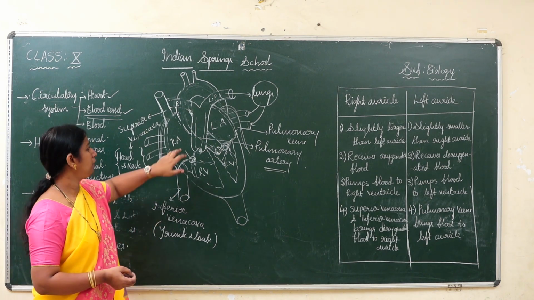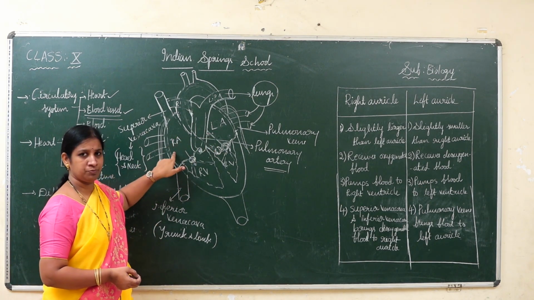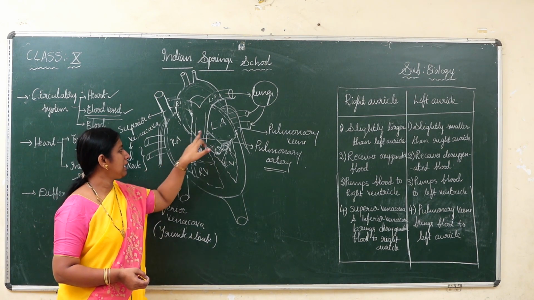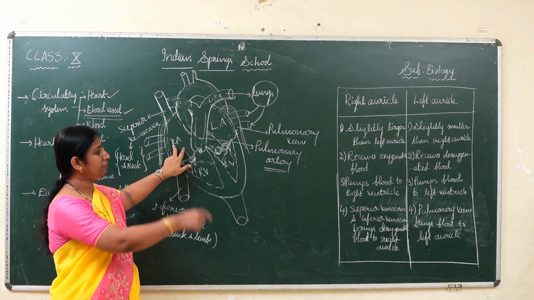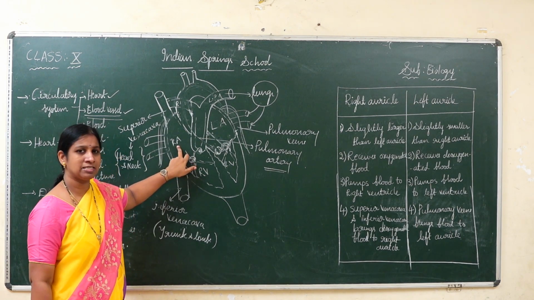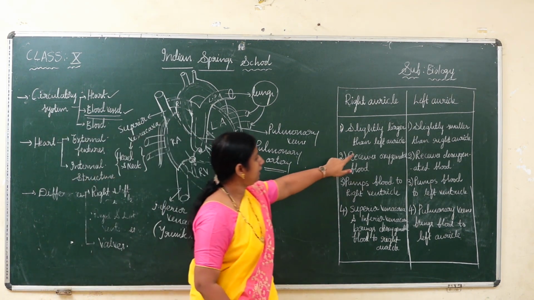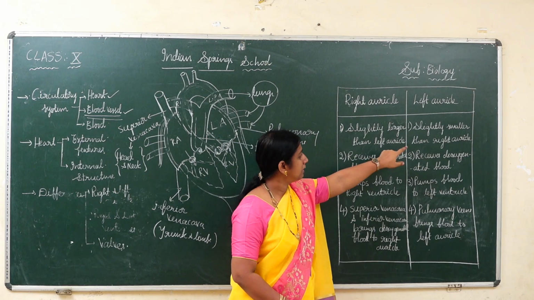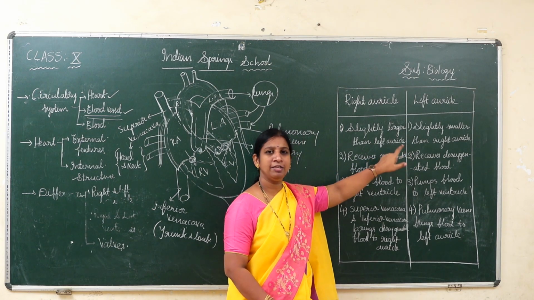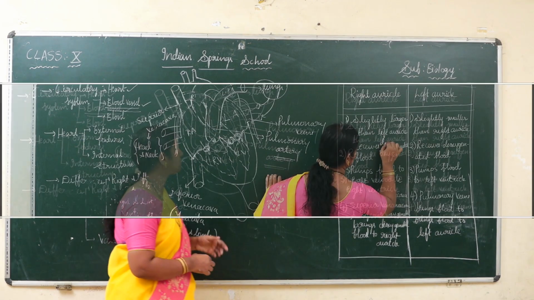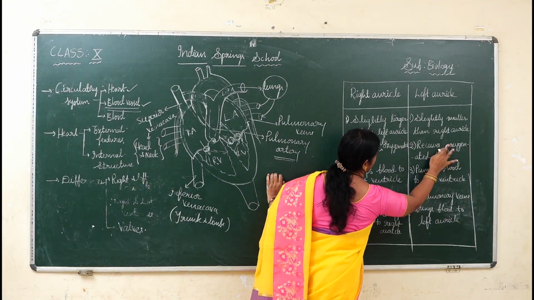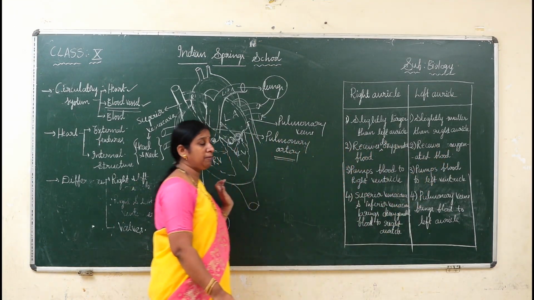Now, between auricles and ventricles there are many differences. First point: right auricle is slightly larger, whereas left auricle is slightly smaller. Second point: right auricle receives deoxygenated blood, whereas left auricle receives oxygenated blood.